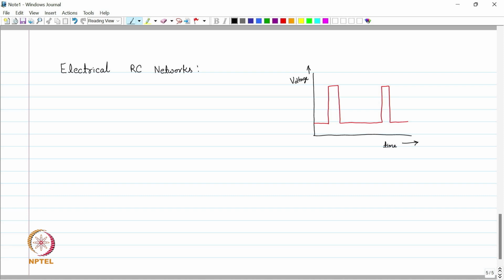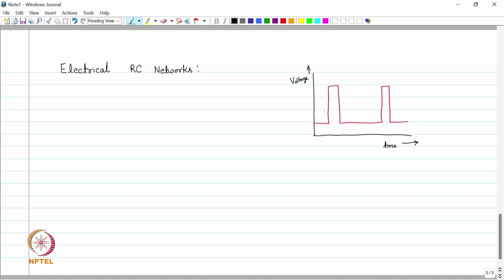So we are sending a train of pulses through this system which has R and C components joined together, and at the near end, or where we are transmitting these pulses, we are sending these very perfect kind of pulses.